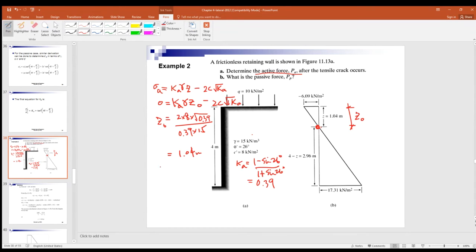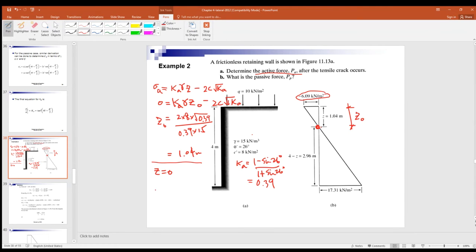Now, what about for Z equal to 0? When Z is equal to 0, it means at the ground surface, right? How does that value come about?